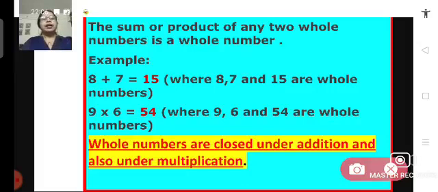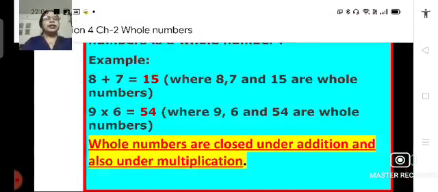For example, if we add two whole numbers 8 and 7, we get a whole number 15 as the result. Similarly, if we multiply two whole numbers 9 and 6, we get the result 54 as a whole number. So whole numbers are closed under addition and also under multiplication.